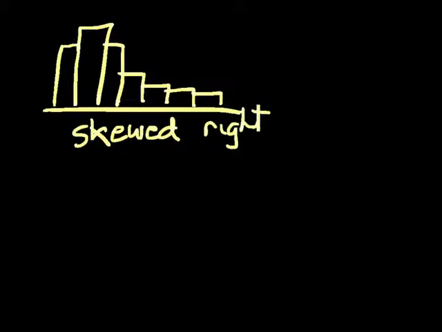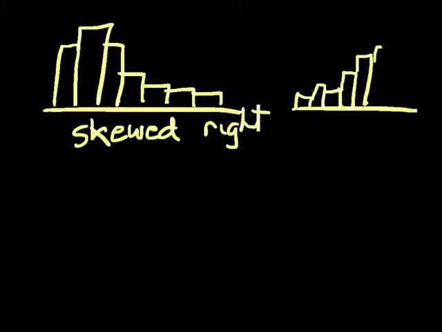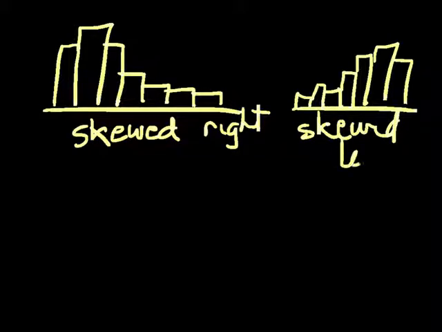And if you have a histogram that does that in reverse, so for instance, if it looks like this, low, and then it gets higher, like this, then this is what we call skewed left.